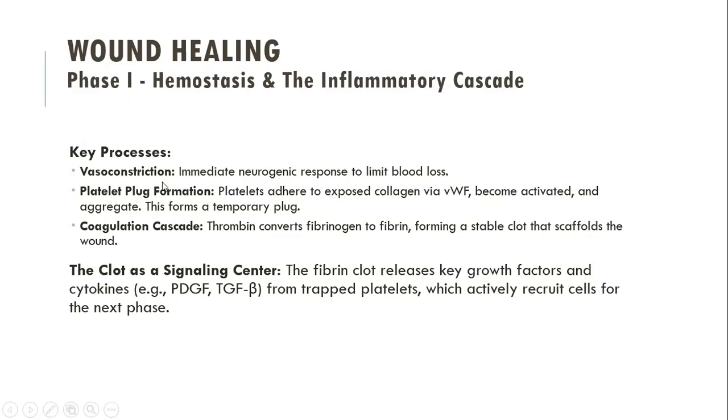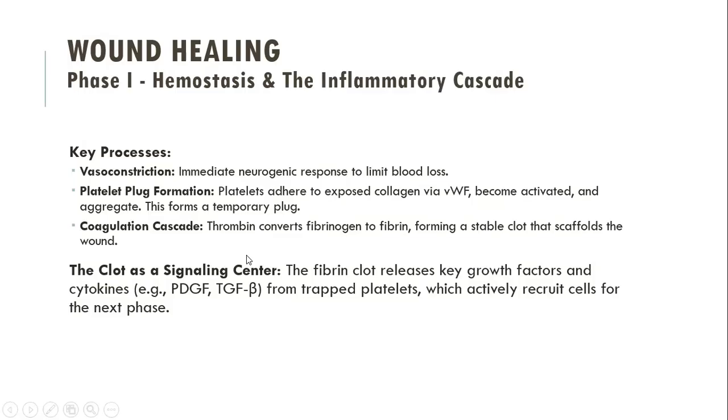Then there is platelet plug formation. Whenever there is damage to the skin, the platelets are exposed to the collagen via von Willebrand factor, and they become activated and aggregate, and this forms a temporary plug.